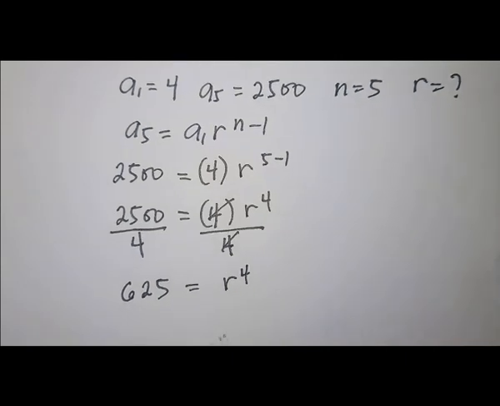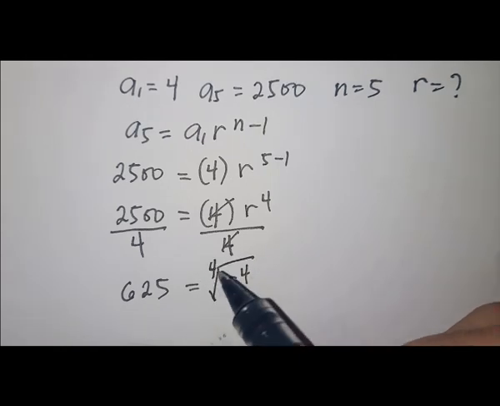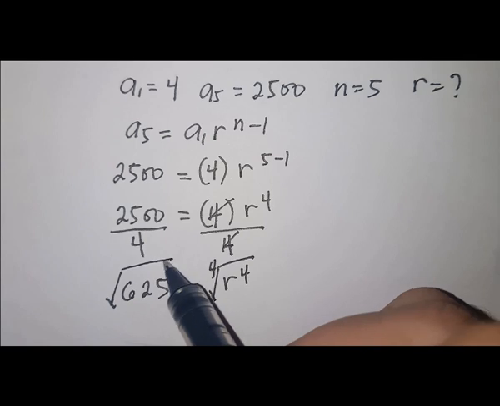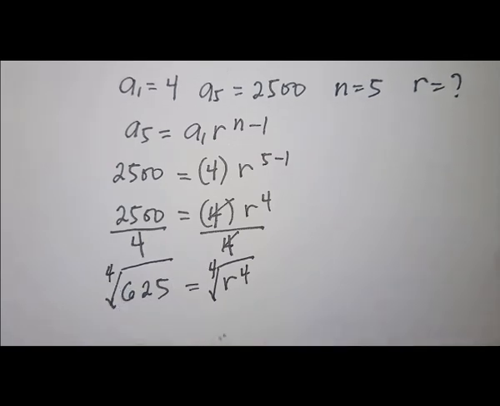Sabi nga kanina, ang kailangan lang natin is the common ratio. Dahil meron siyang raised to 4, kailangan natin kunin is yung 4th root ng both terms. Ibig sabihin, yung integer is 4 na beses natin siyang minultiply sa sarili niya.